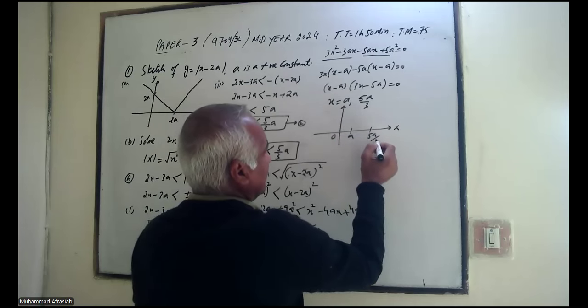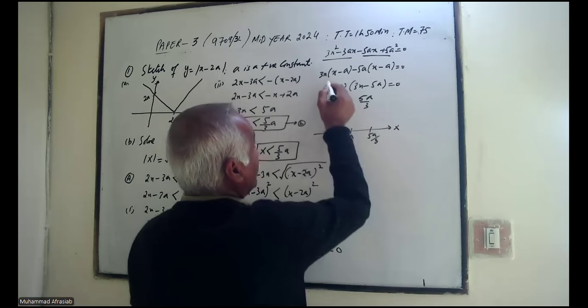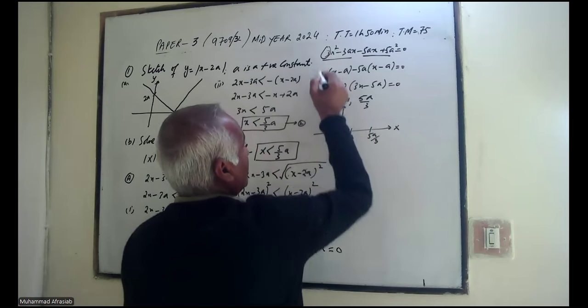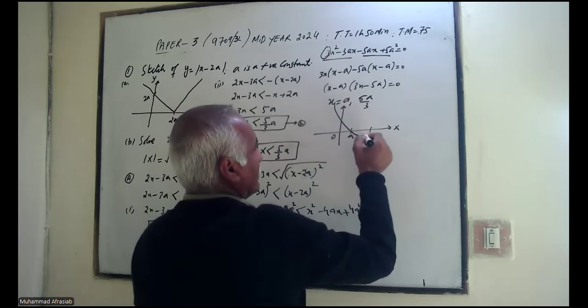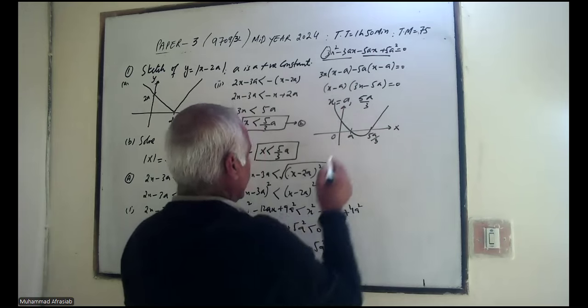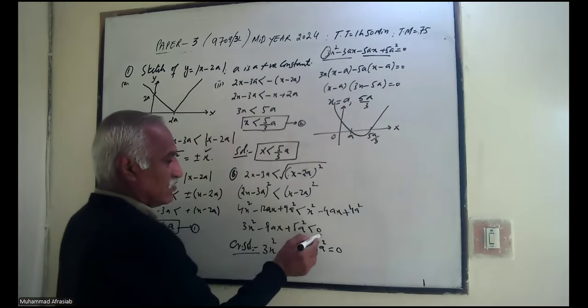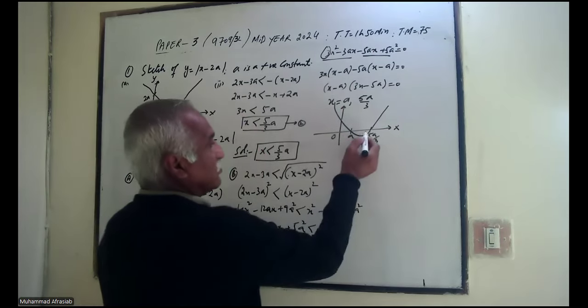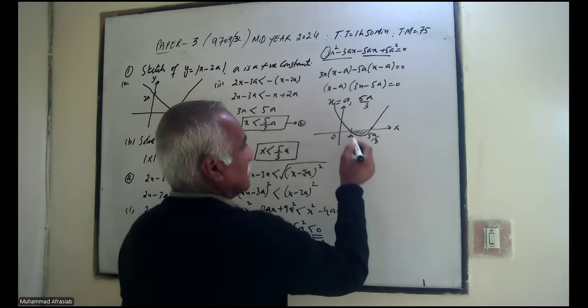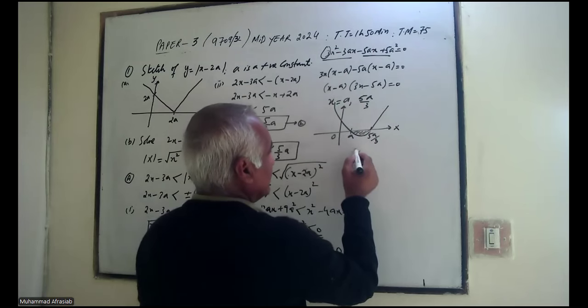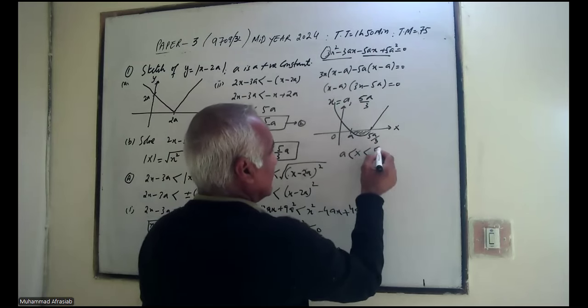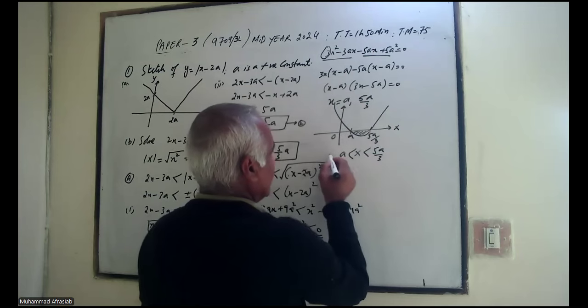If we draw the inequality on the number line, with roots a and 5a over 3, the coefficient is positive, so the shape will be a minimum, and because it is less than 0, this portion will be eliminated. So x is greater than a and less than 5a over 3.